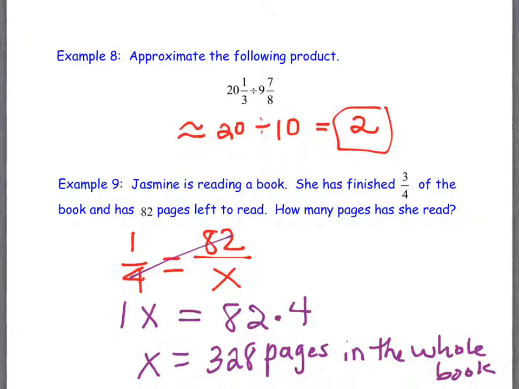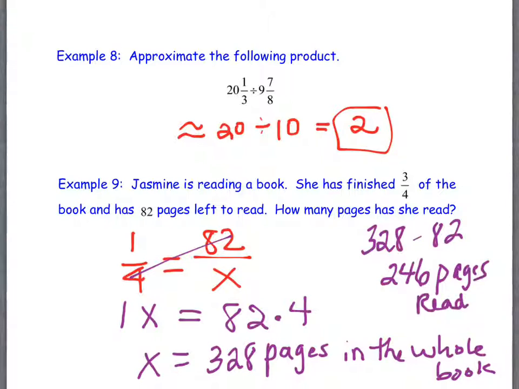So we can take 328 minus my 82, and what do I get? 246. And this is my pages read. Be very careful that you answer what's asked, because if you just stopped just shy, you'd have been almost there, but you really missed answering the question correctly, because you weren't being careful of the reading.